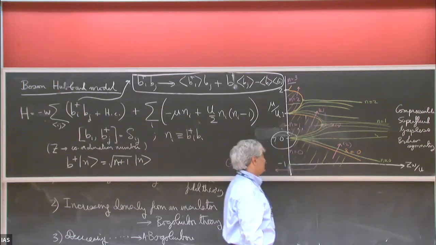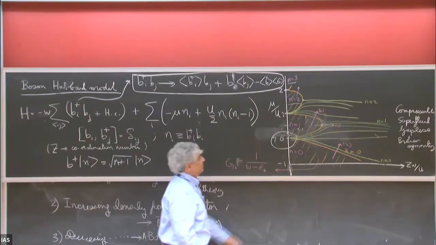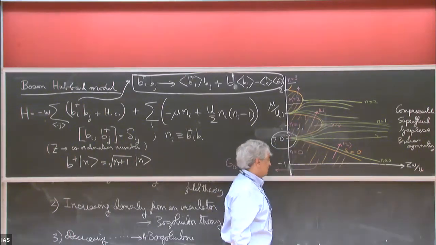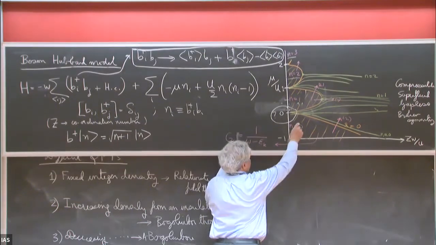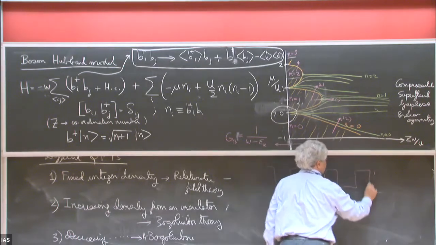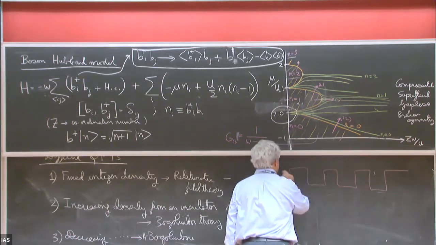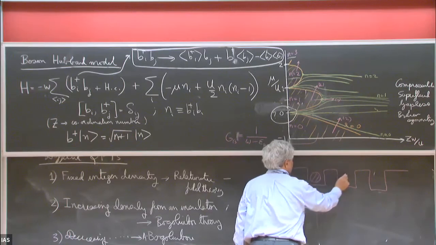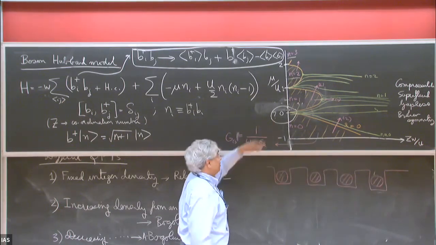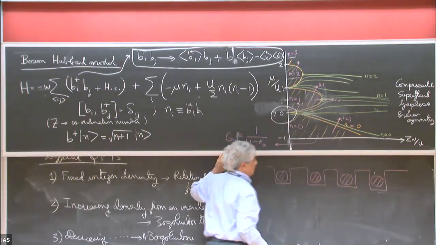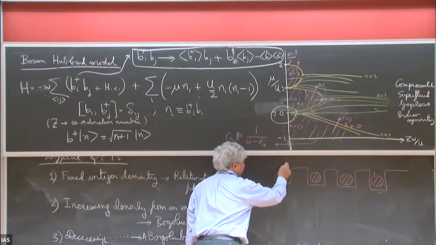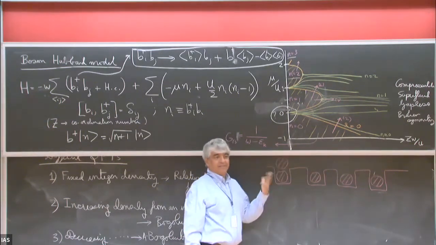So you can also apply the Bogoliubov theory in kind of a dense situation. And the way you think about this is also very simple. So suppose you're in the Mott insulator. We have exactly one boson per site. And now you change the chemical potential, and as you go across this transition, the density changes a little bit. So you just add one particle, say. And the particles you add are dilute.